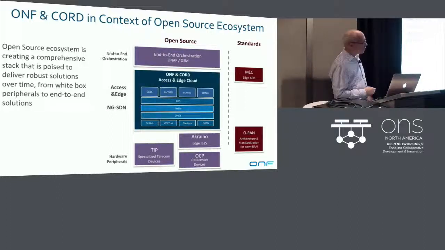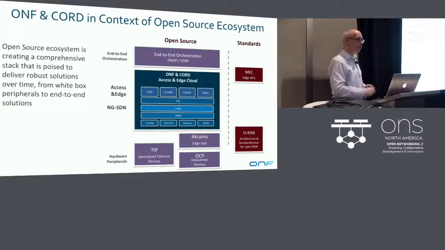We connect northbound to different orchestrators, and ONAP is a project you'll probably hear about here as well. So we work with ONAP above. OSM is a more European-driven activity in that space. And if you look below, TIP and OCP are two other more open source hardware organizations, and we consume from them. We view them as helping to produce white box systems that we can consume.